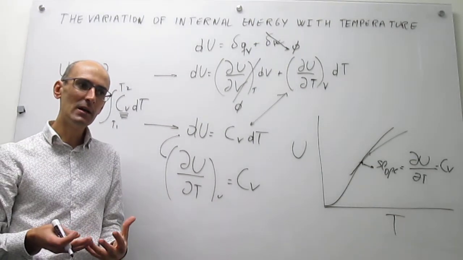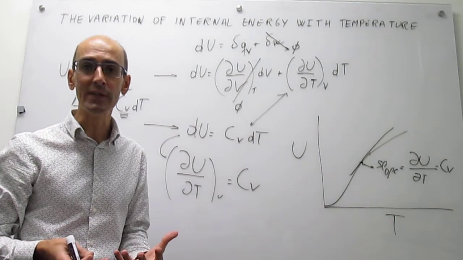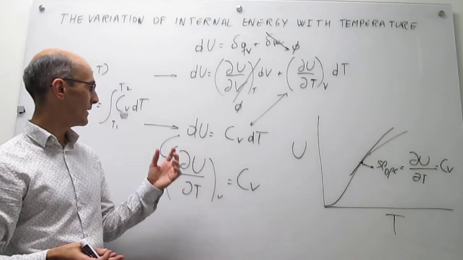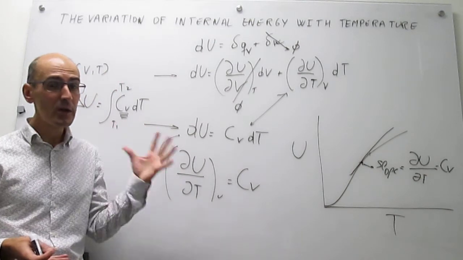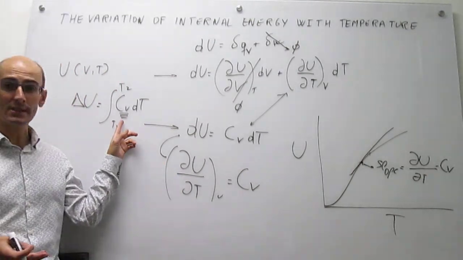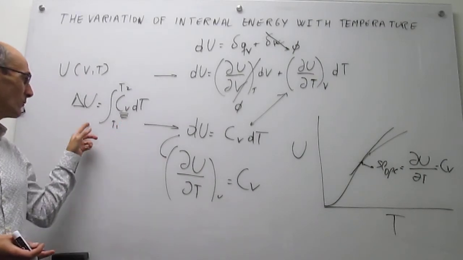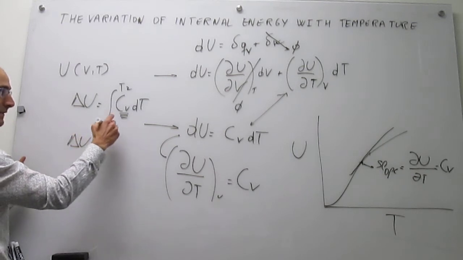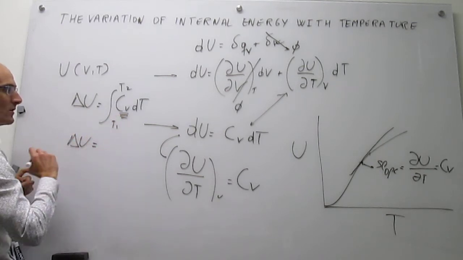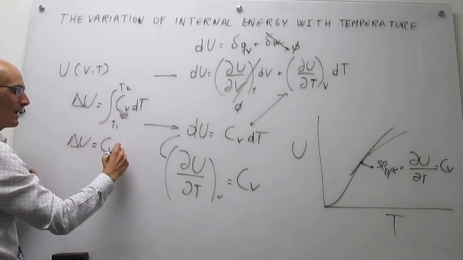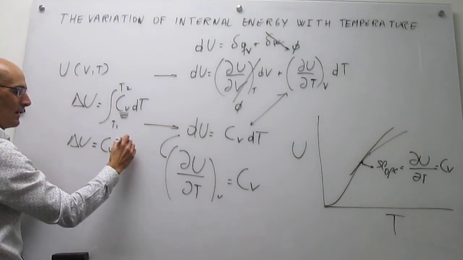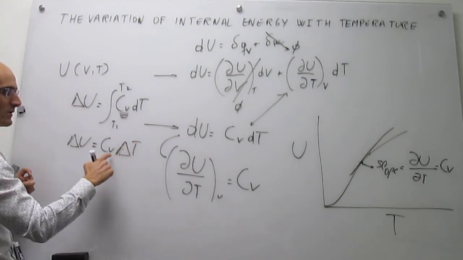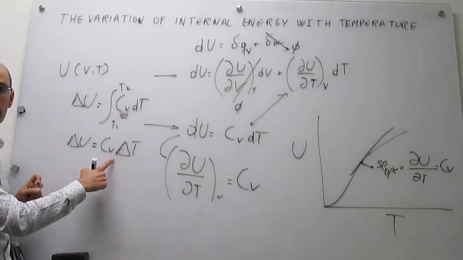But it will be a common approximation that we ignore the dependence of the heat capacity on temperature. If we assume that this number is a constant, then we can just factor it out of the integral, and the way to study the change in internal energy with temperature is simply this expression right here.